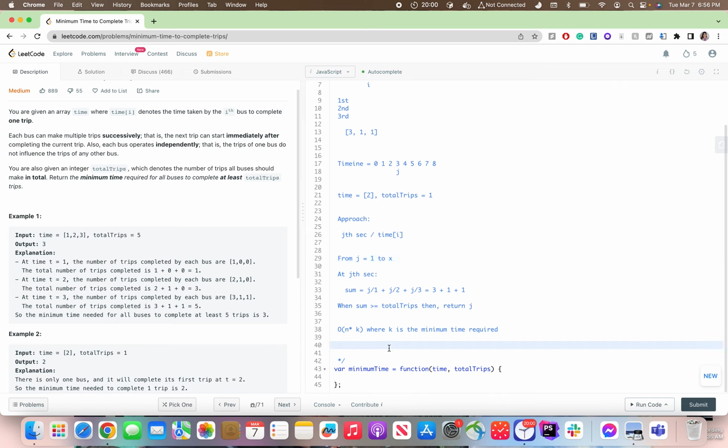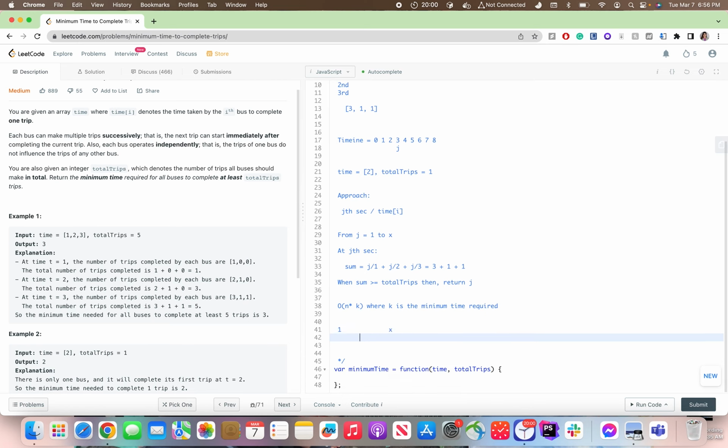It means that instead of linearly going from 1, increasing to 2, 3, 4, 5 up to x, what we can do is a binary search, right? So from 1 to x we can go to the middle, so we can start from x plus 1 divided by 2.